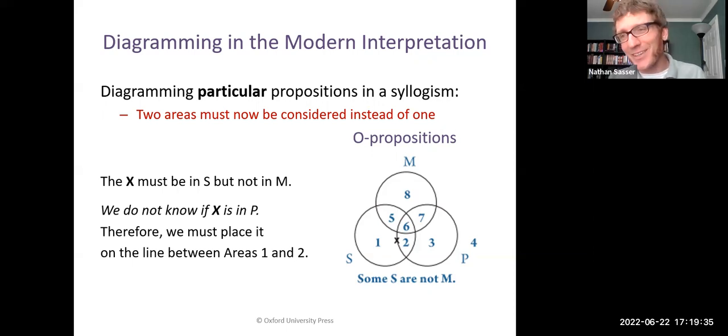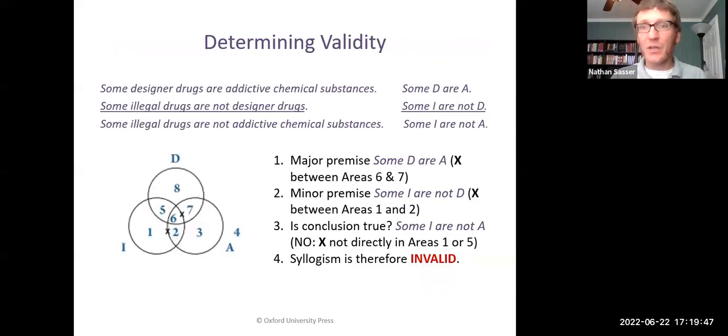Things get really interesting when you are diagramming the premises, two premises, not just one, on one of these Venn diagrams for syllogisms. So here's how we do it. Let's say we've got this argument. What we want to do is diagram both of the premises.